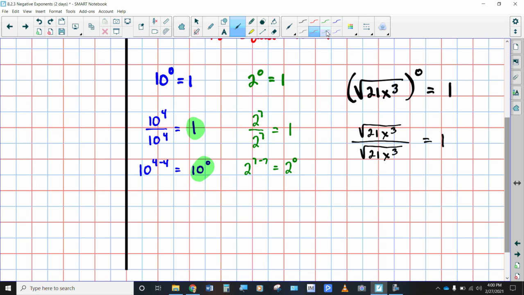Right? So if we take, let's make up a number here, 22.